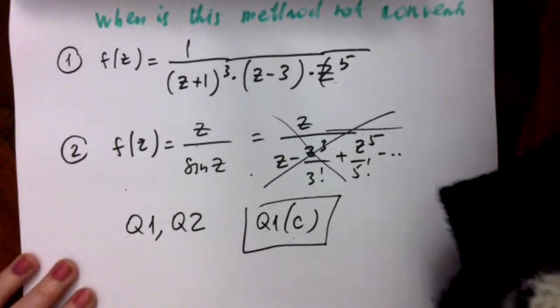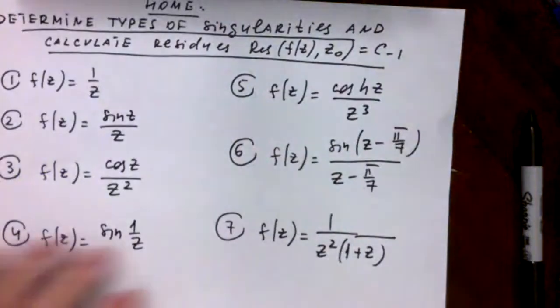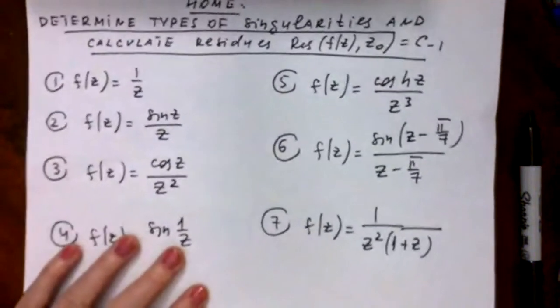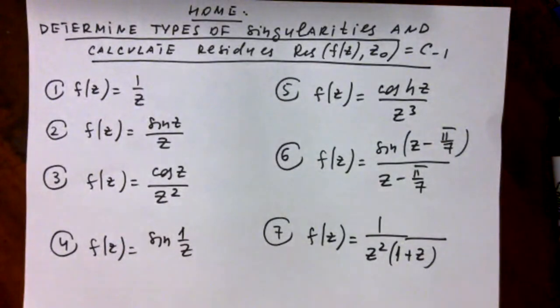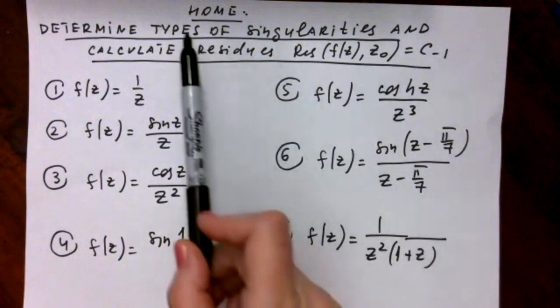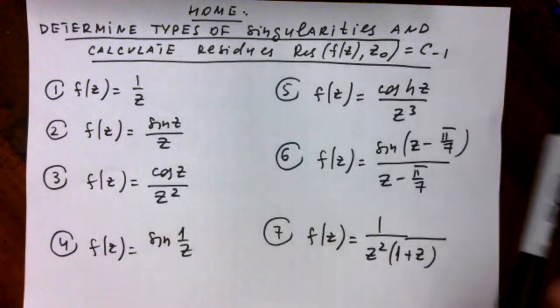And of course, as usual, to give you a chance to polish up your skills, to try your hand at this topic, I'm giving you now a little homework, consisting of seven different assignments. The assignment for all 7 problems is the same: determine the types of singularities and calculate residues in these singularities.